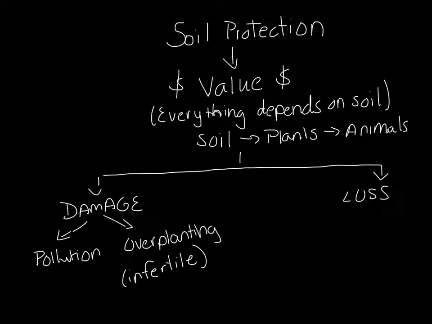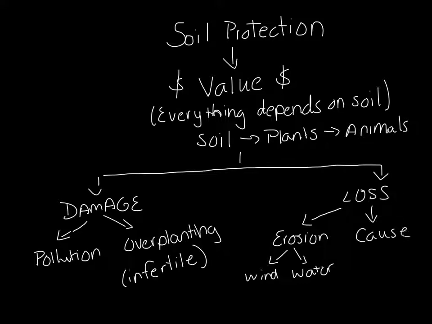And the way we can lose our soil is through erosion by wind or water, which is the movement of soil, and what causes the loss is drought.